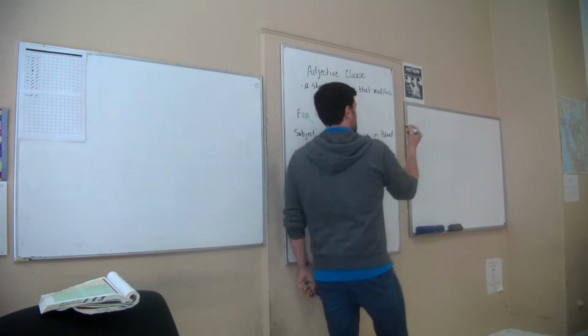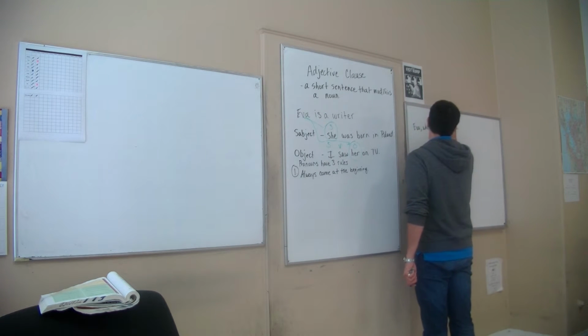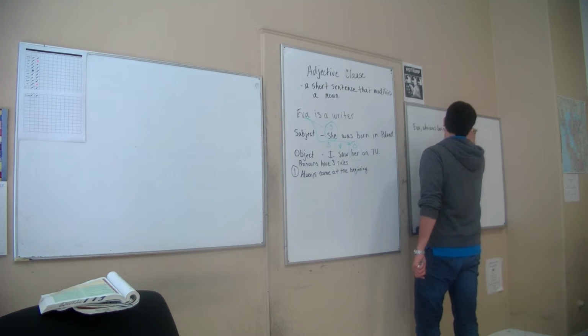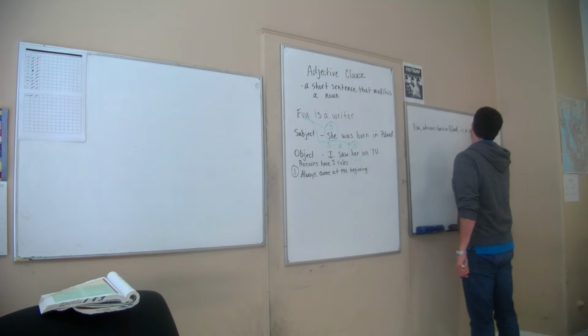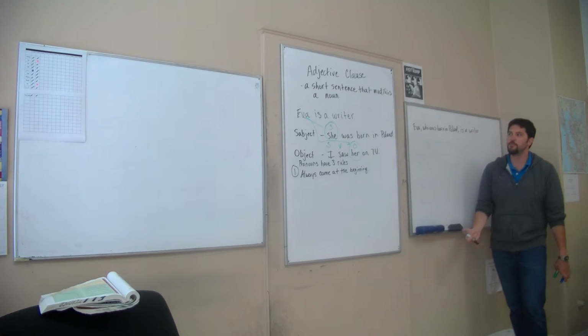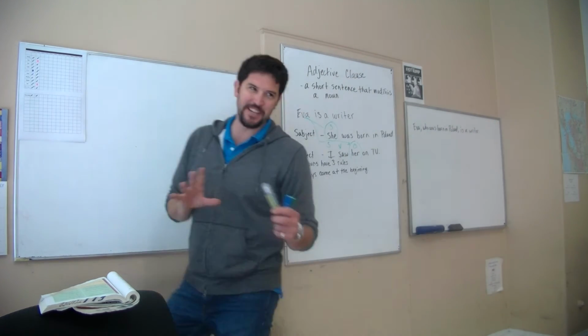Okay, so Ava who was born in Poland is a writer. Very good, okay. Ava's a writer who was born in Poland. Yeah, also okay, all right? Just a little bit different.